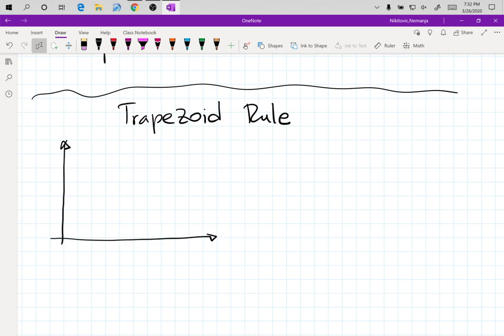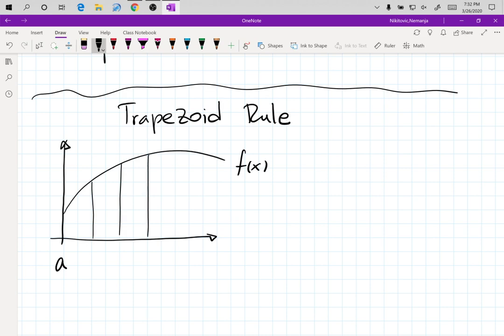So let's say we have some kind of a curve over here, f of x. We want to go from A. Let's put 4 of these, let's say, all the way to B. So I have my x0, x1, x2, x3, and B is going to be x4.